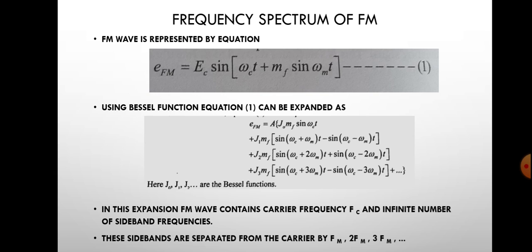In frequency modulation, we can represent the FM wave by the equation e_FM, the instantaneous value of the frequency modulated wave, equal to Ec sin(omega_c t plus m_f sin omega_m t), where Ec is the amplitude of the carrier signal and omega_c is the angular frequency of the carrier. m_f is the modulation index and omega_m is the angular frequency of the modulating signal.